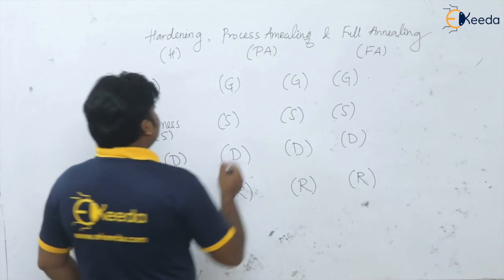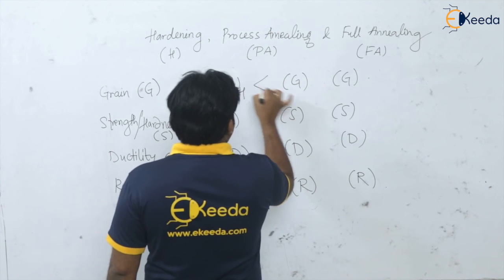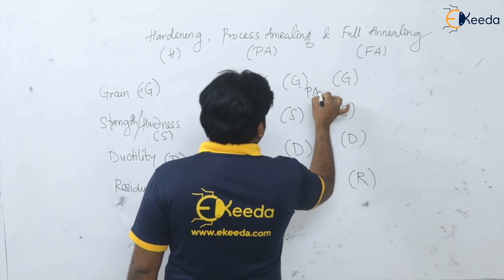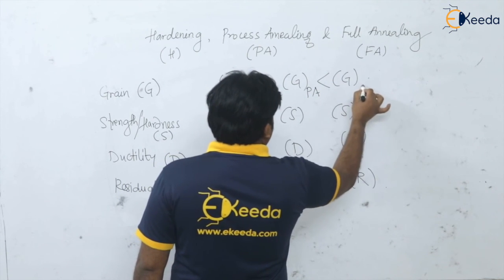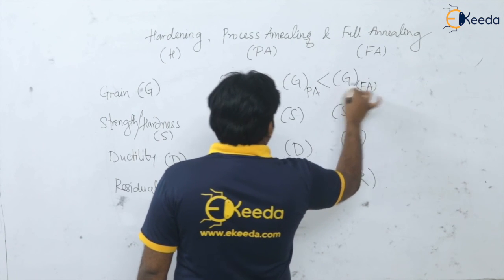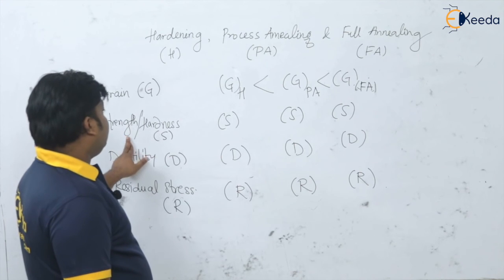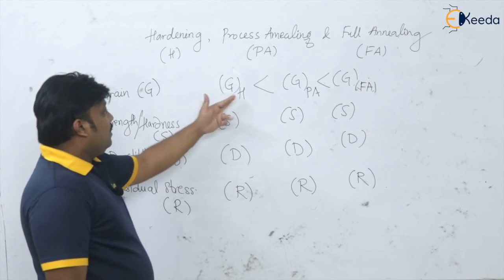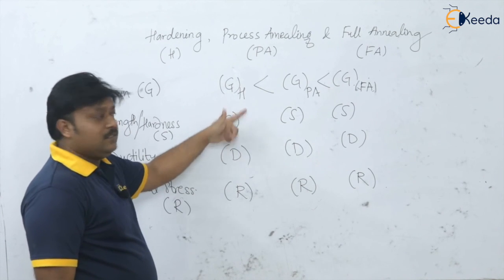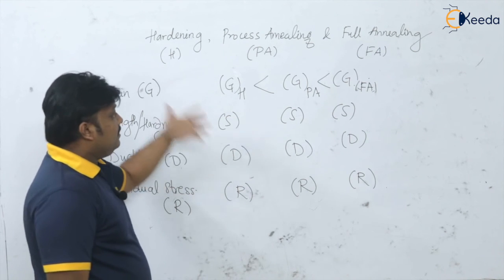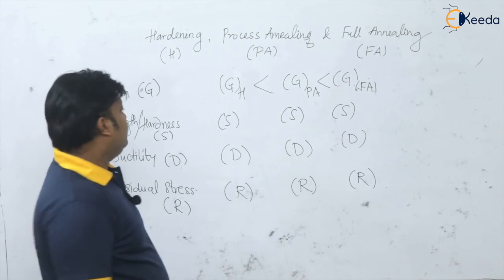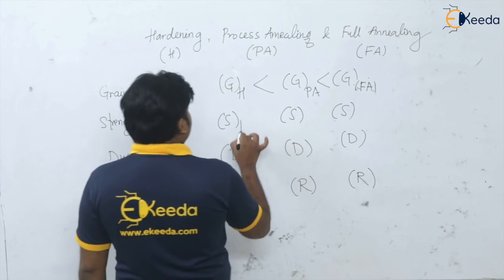So of course the grain size for hardening is less than that for process annealing, which is less than that for full annealing. Now the strength: in hardening, with fine grain size, the martensite is very hard and brittle, so strength is high.